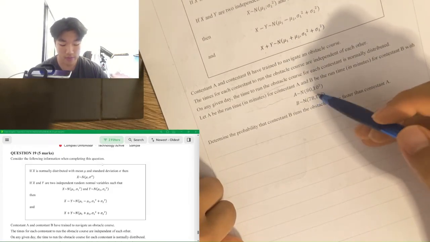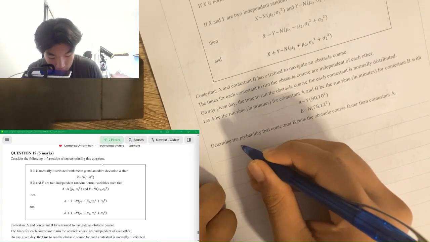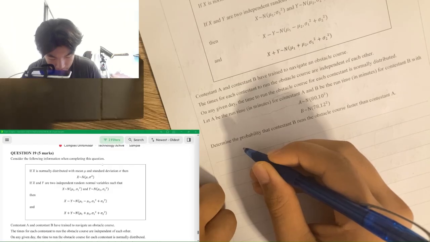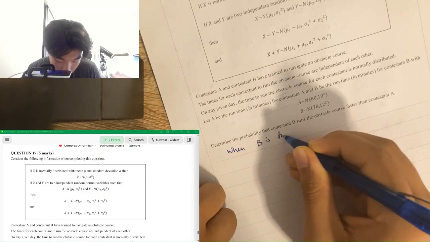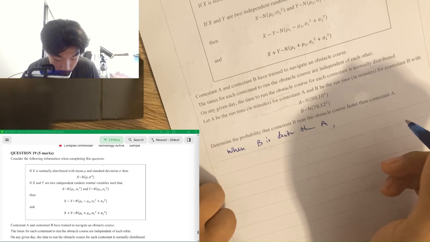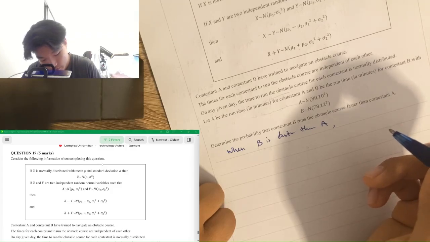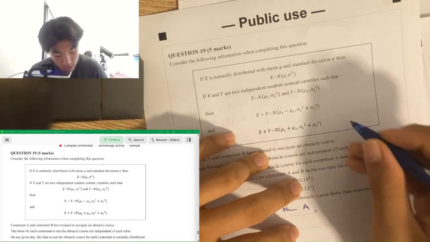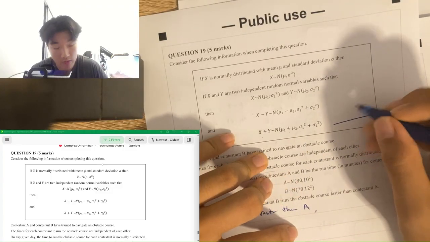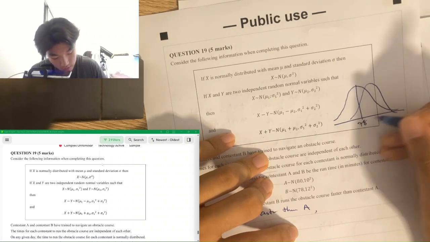Okay, we just need to find the area that overlaps when we subtract B from A. When B is faster, we have a function when we represent both of the graphs. 78, that's 80.